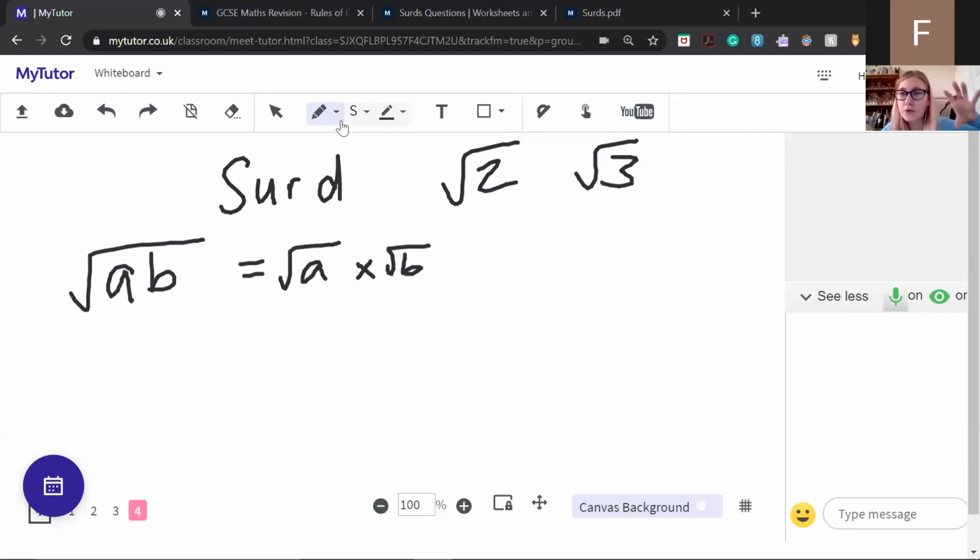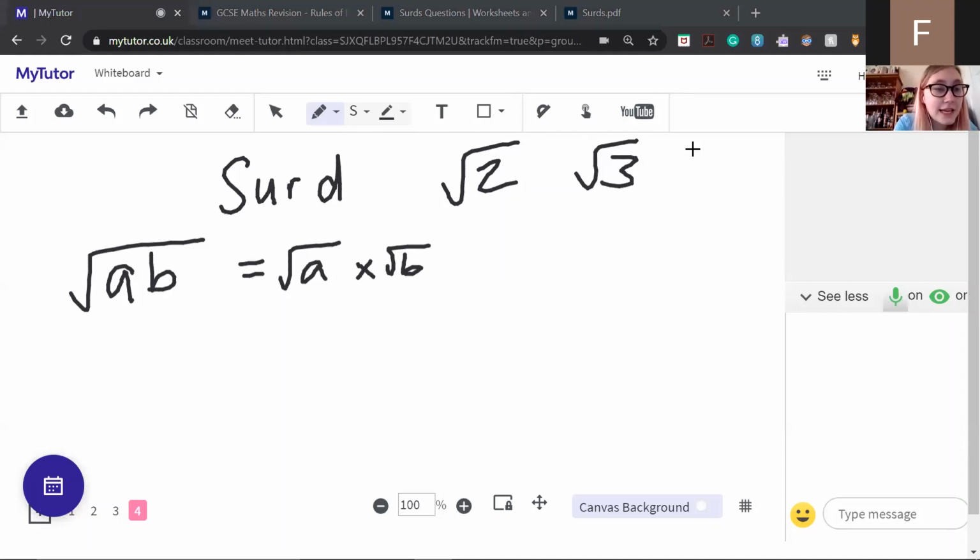So if you have root 6, that's the same as root 2 times root 3. And I think that's pretty cool because these numbers are irrational and yet we can still do some weird kind of equating. Yes, I'm going to cover rationalizing the denominator. That will be the main part of this bit.